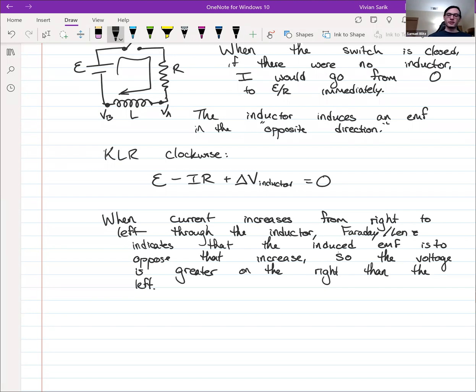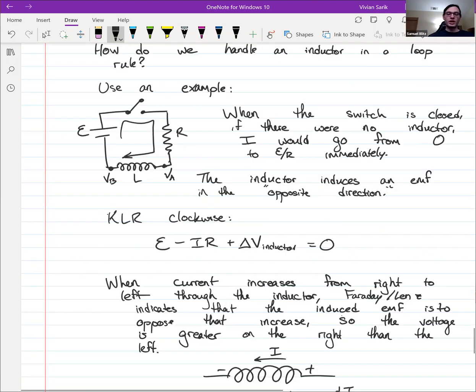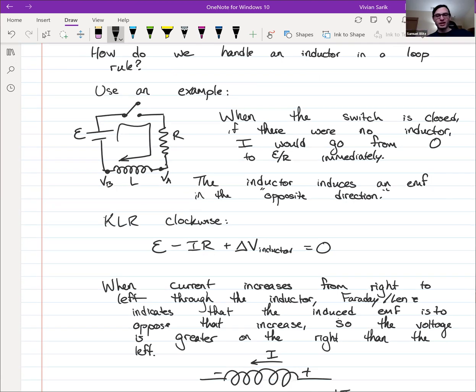So the picture here is you have your inductor with current flowing this way, but it induces a voltage that's oriented that way. We also know the magnitude of the induced voltage, the induced EMF: that's just equal to L times di dt, from the definition of L. When we go around the loop clockwise, the voltage on the right side of the inductor is higher than on the left side, so we get a negative contribution.